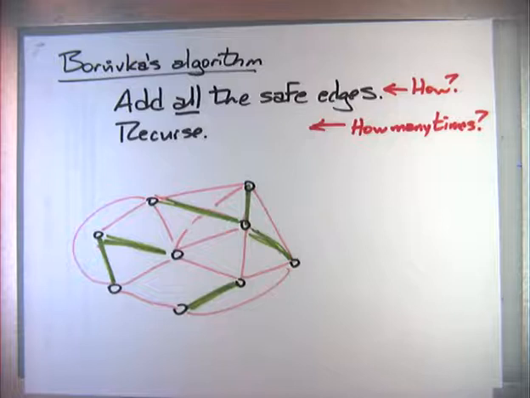But then I need some way to say, look at every edge, and suppose that edge touches components i and j. If it's lighter than the lightest edge I've seen for component i so far, update component i. If it's lighter than the lightest edge I've seen touching component j so far, update the lightest edge for component j. And then at the end, each component will know what its safe edge is. But first, I need a way of identifying quickly which components a particular edge touches.